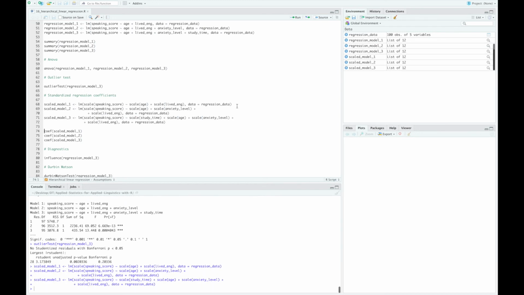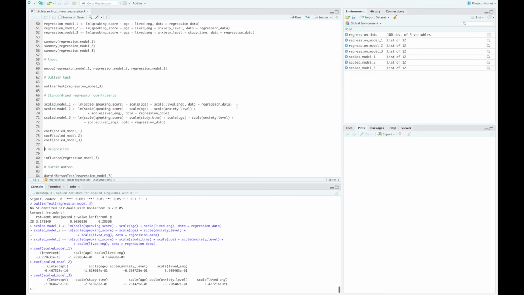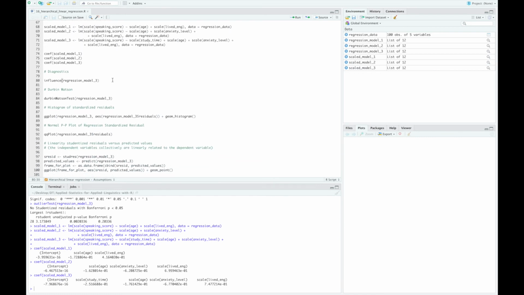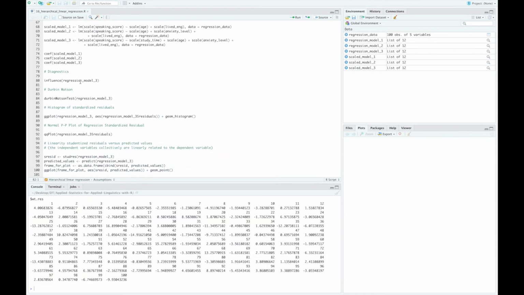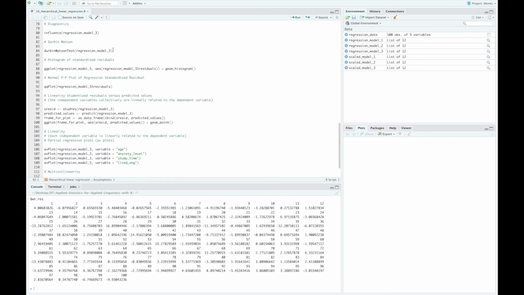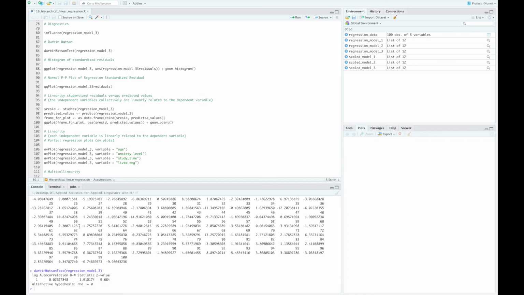To get standardized regression coefficients, we run this code, and you can include these standardized regression coefficients in your write-up. We get some more information from the influence function, and you can take a look through that. Get the Durbin-Watson statistic, which comes out to approximately 2, which is what we're looking for.